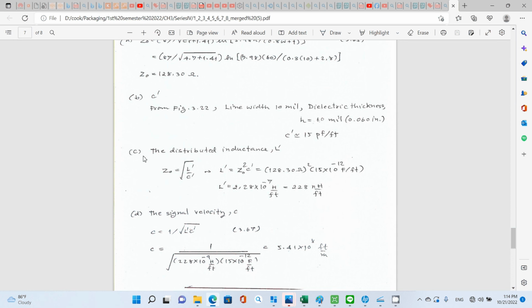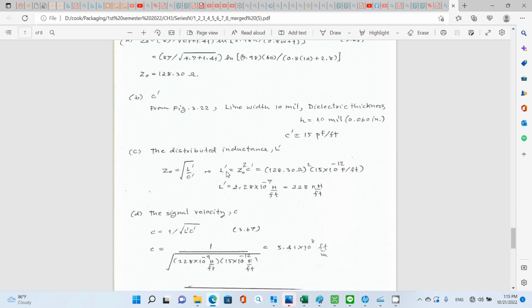And what about C, the distributed inductance L prime? Well, you can get L prime from the relation of Z0, the characteristic impedance, which in general form is equal to the square root of L prime over C prime.